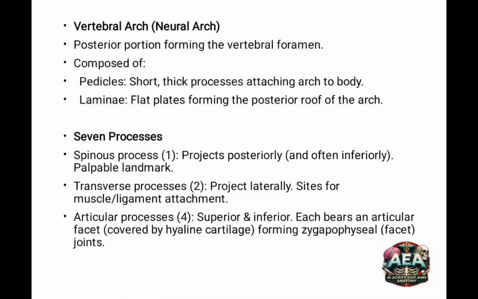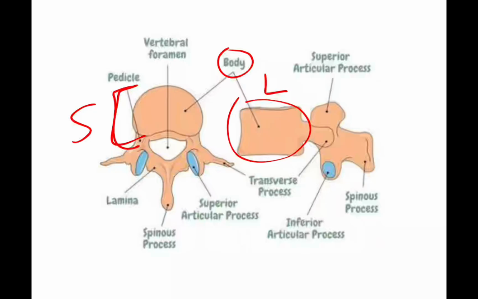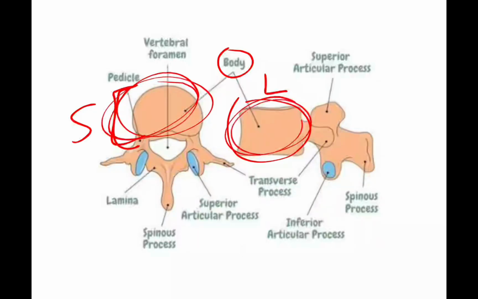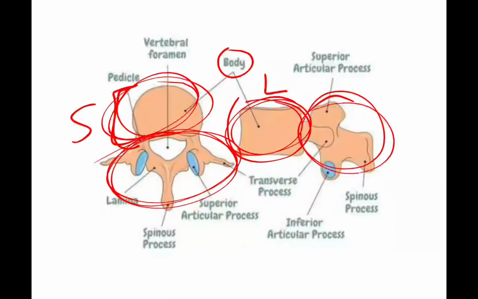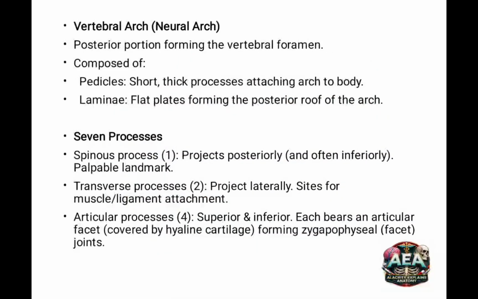Now let's look at the vertebral arc, which is the second part of the vertebrae. This is the first part, which is the body. This is the second part, which is the vertebral arc. So there are two main parts, the body and the vertebral arc, also called the neural arc. Now, the posterior portion of the vertebrae is formed by the vertebral arc.